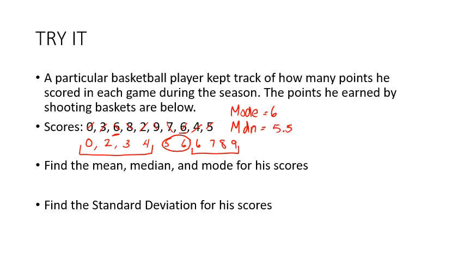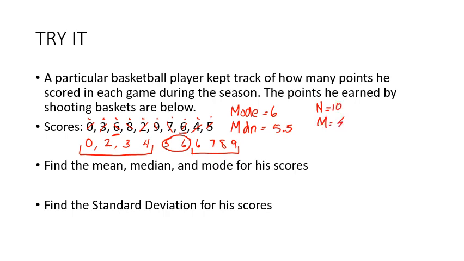To calculate the mean, I need to sum up all the scores and divide by the number of scores. And the number of scores in this case is 10. 1, 2, 3, 4, 5, 6, 7, 8, 9, 10. So let's write that information down. N equals 10.